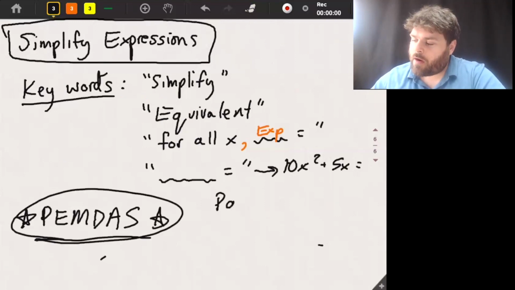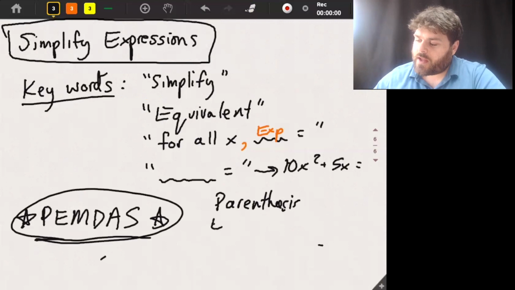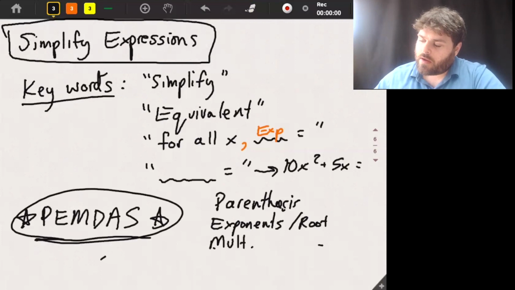So just remember, PEMDAS is parentheses first. Anything inside of a parentheses you do first, then it's exponents, and technically an exponent is the same thing as a root, like a square root, so you do those at the same time. Then multiplication, division, addition, and subtraction.